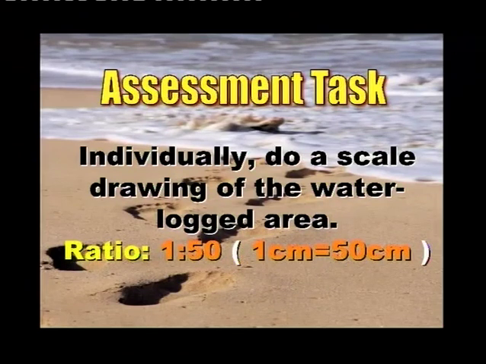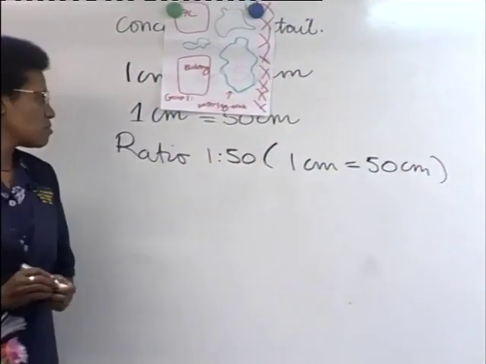Now your assessment task is to do a scale drawing of the waterlogged area. And it says ratio, okay? Ratio is 1:50, which is 1 centimeter equals 50 centimeters, okay?